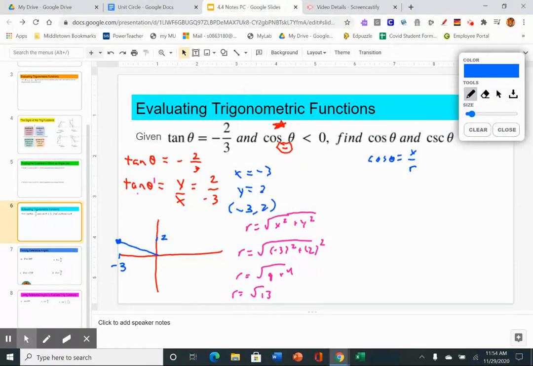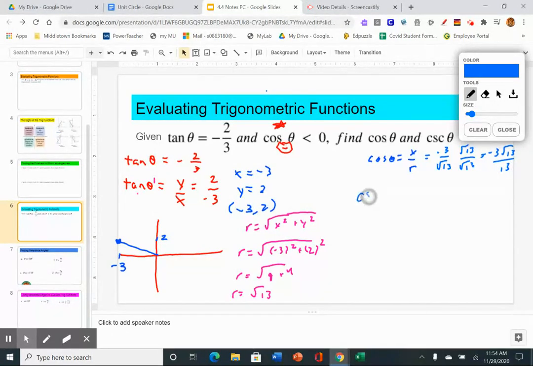I'm going to have negative 3 over root 13. Obviously, very repetitive. We cannot leave the root 13 in the denominator. So I'm going to multiply by square root of 13 over square root of 13. And I'm going to get negative 3 root 13 over 13.